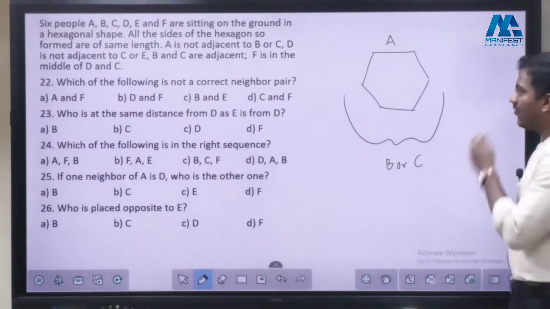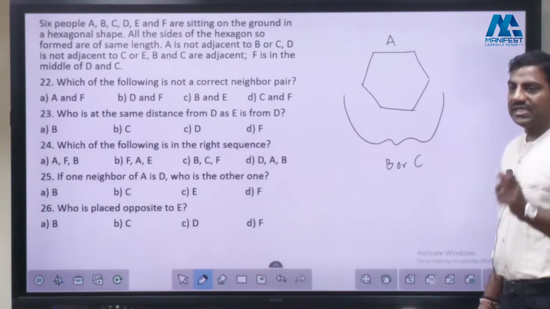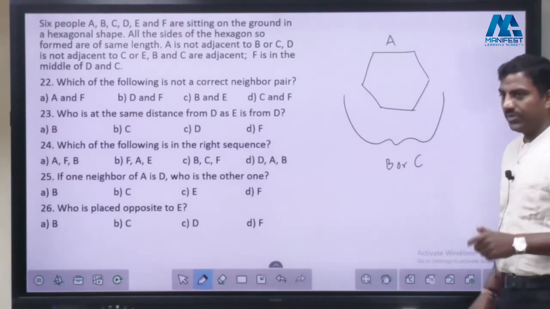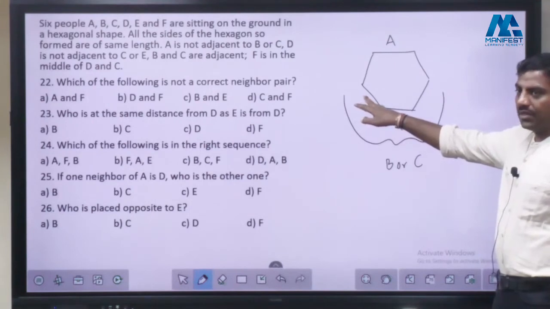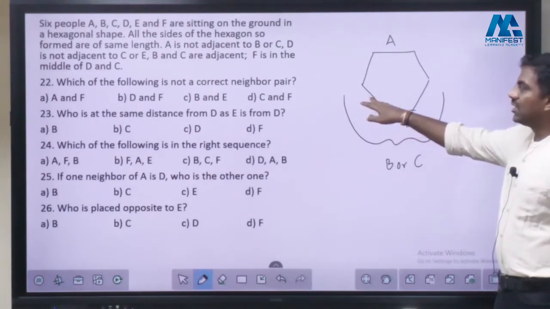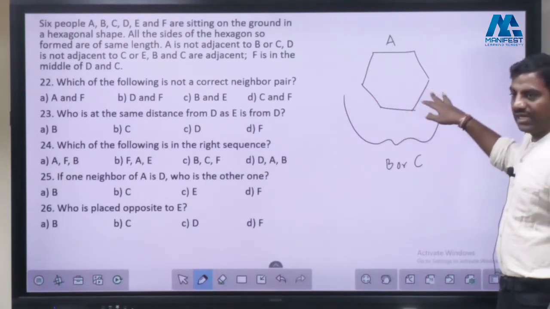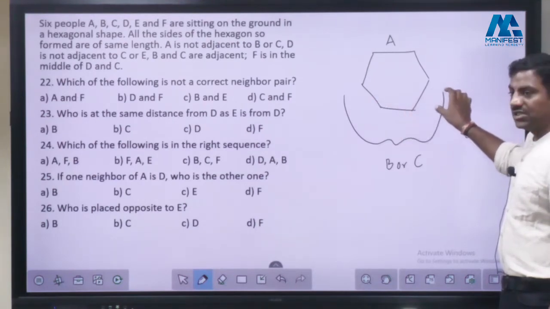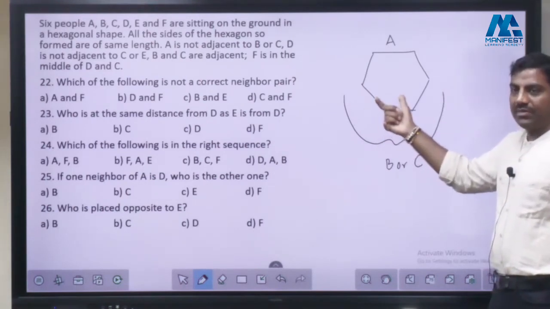F is in the middle of D and C. If you think of the position of C here, F will come here, D will come here.